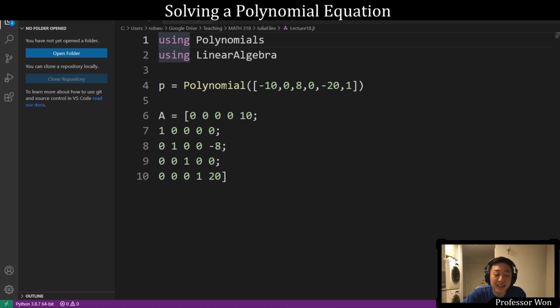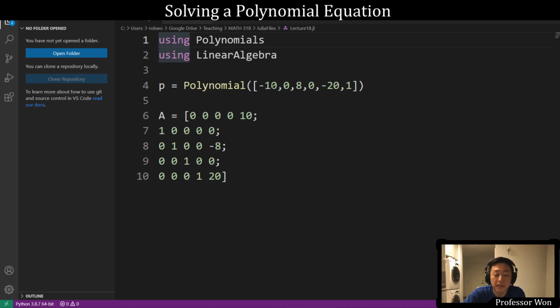In other words, you feed in the coefficient vector of your polynomial, and Julia assumes that the first term is the constant term, the second term is the x term, the third term is the x squared term, the x cubed term, the x to the fourth term, and the x to the fifth term. And since I'm feeding in a vector in R6, it knows that it's a degree 5 polynomial.